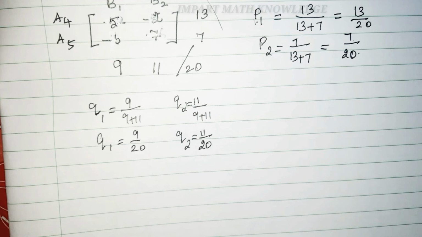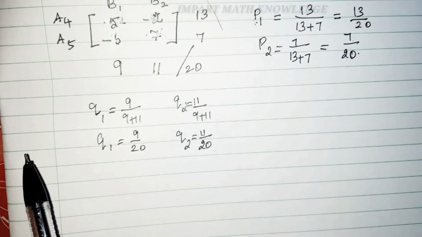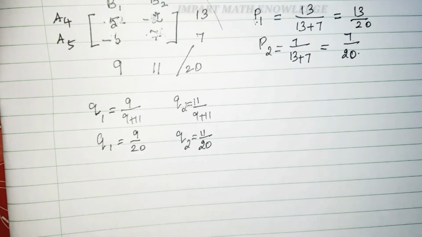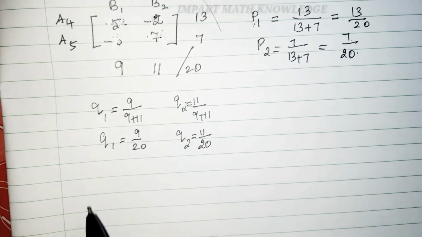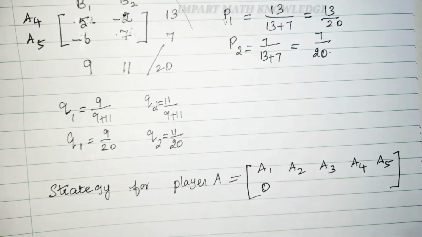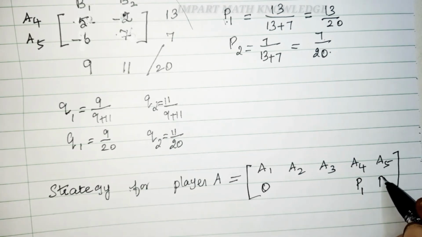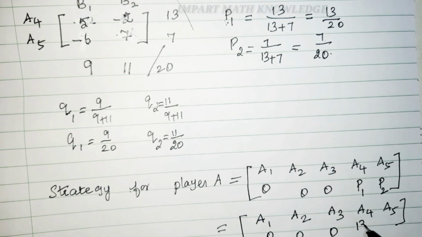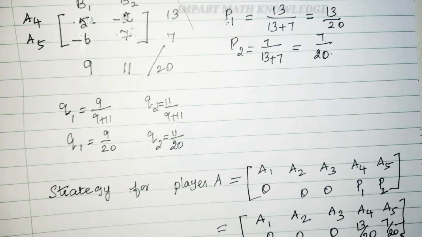P1 and P2 are the probabilities of strategies of player A. Q1 and Q2 are probabilities of strategies for player B. Now strategy for player A is, player A uses the 4th and 5th strategy, P1 and P2. For P1 the value is 13 by 20. P2 the value is 7 by 20.